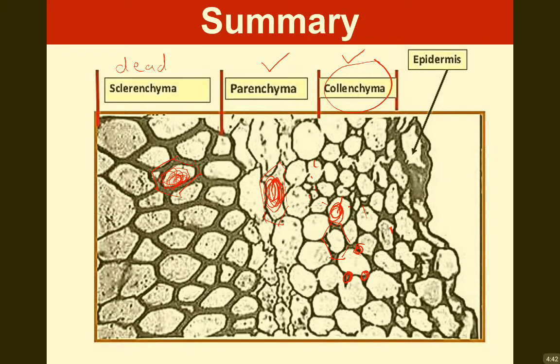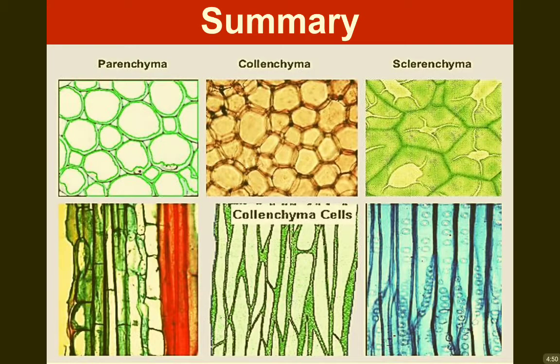No protoplasm. It is only lumen, a space within the sclerenchyma only. Another diagram showing parenchyma here. The shape is isodiametric, or spherical, with thin cell wall.